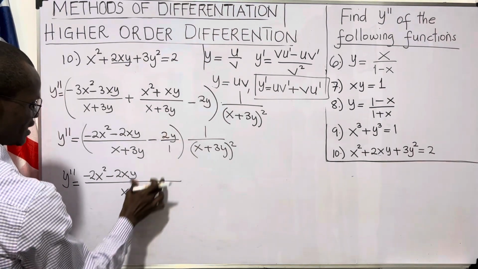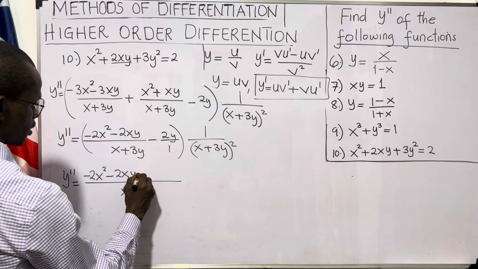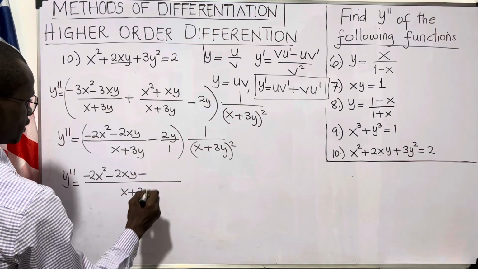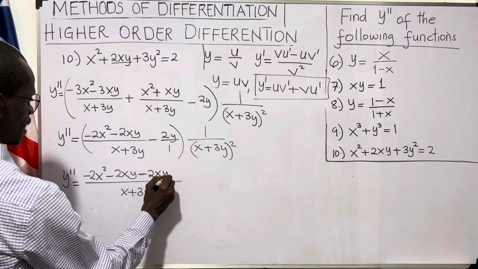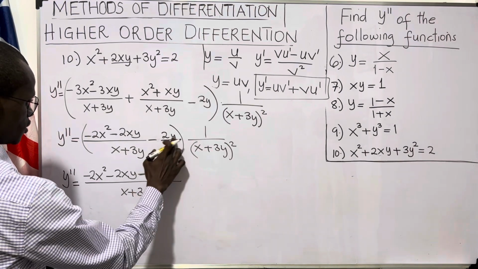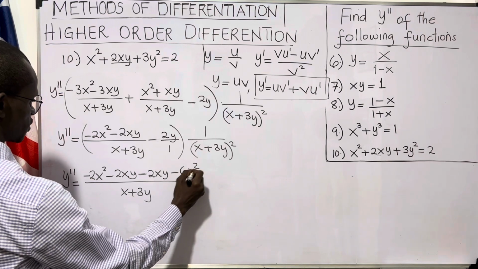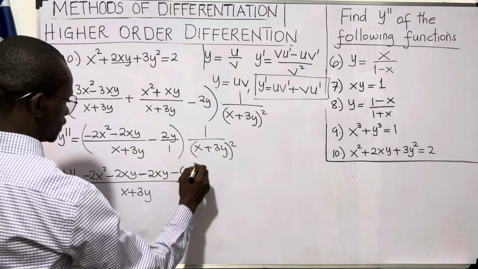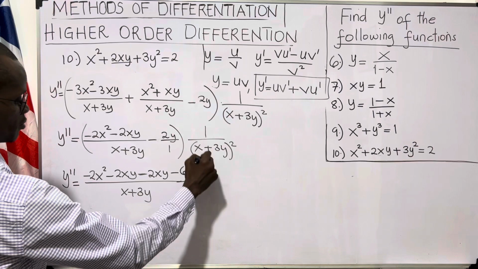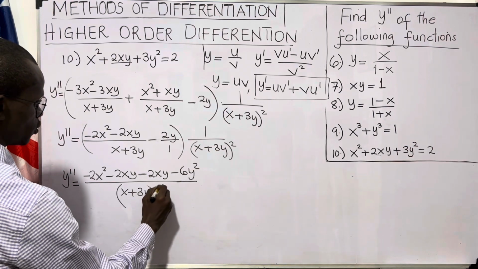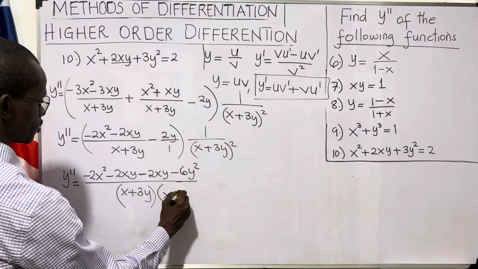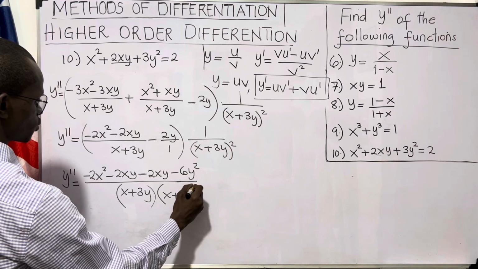So it's 2y times this expression. So this gives us negative 2xy, the first one. And then 2y times 3y is negative 6y squared. Times this denominator, so we can just attach it to x plus 3y all squared.